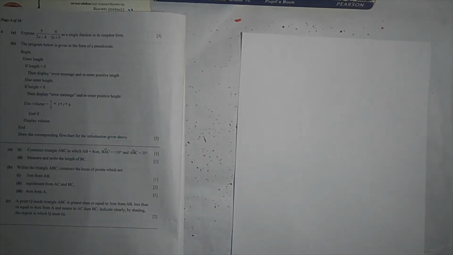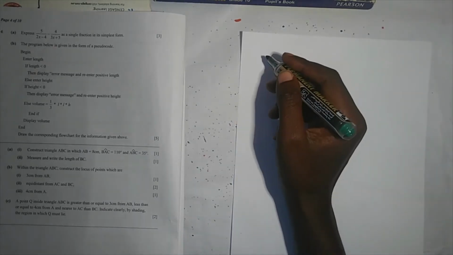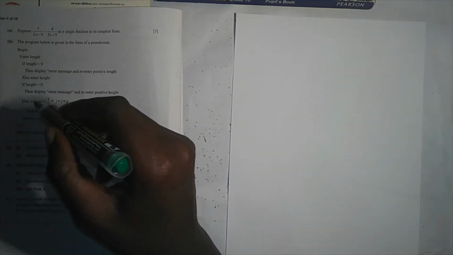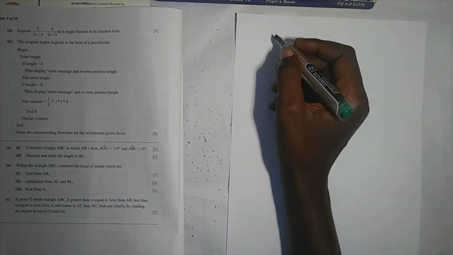When you are writing a flowchart, the first thing that you do is to look at the pseudocode that you have. The pseudocode has as the first word begin. The shape that we use for beginning or starting a program is called the oval.